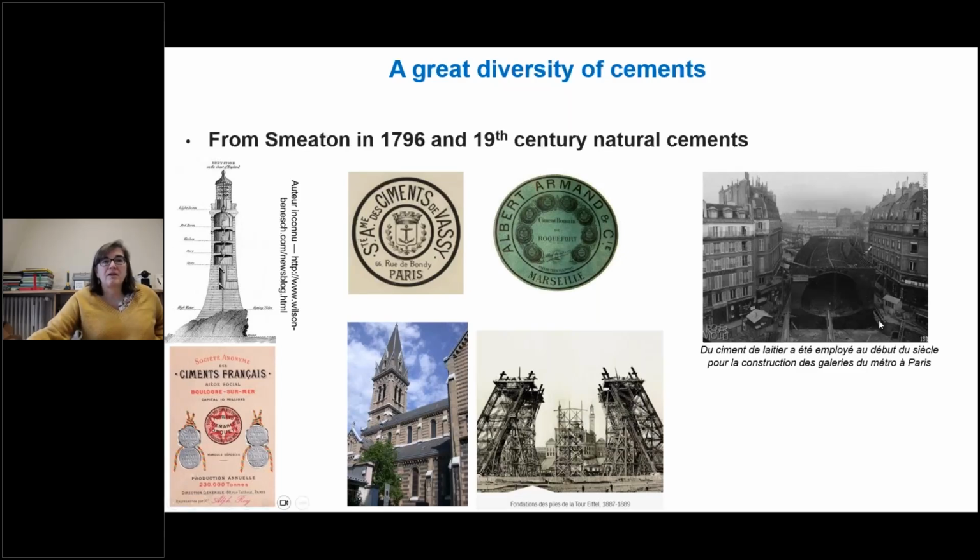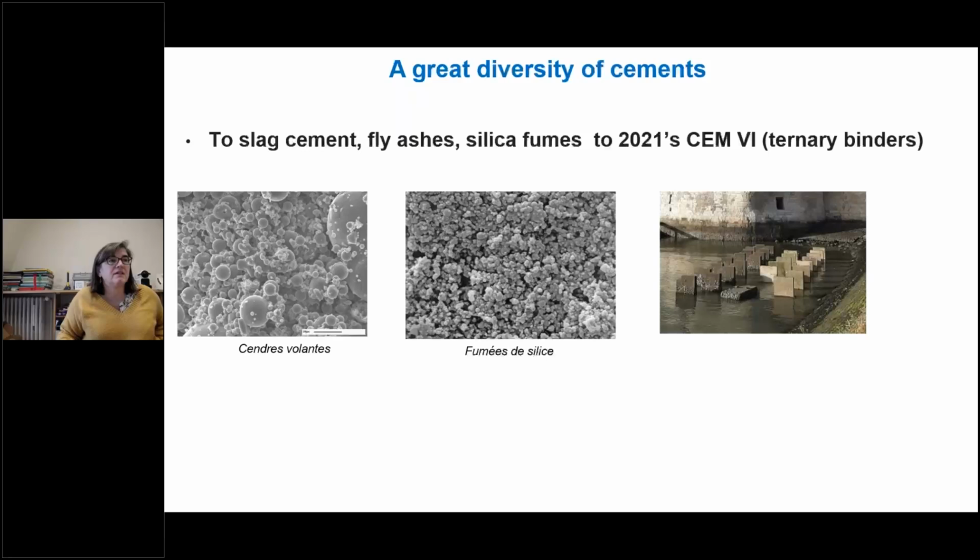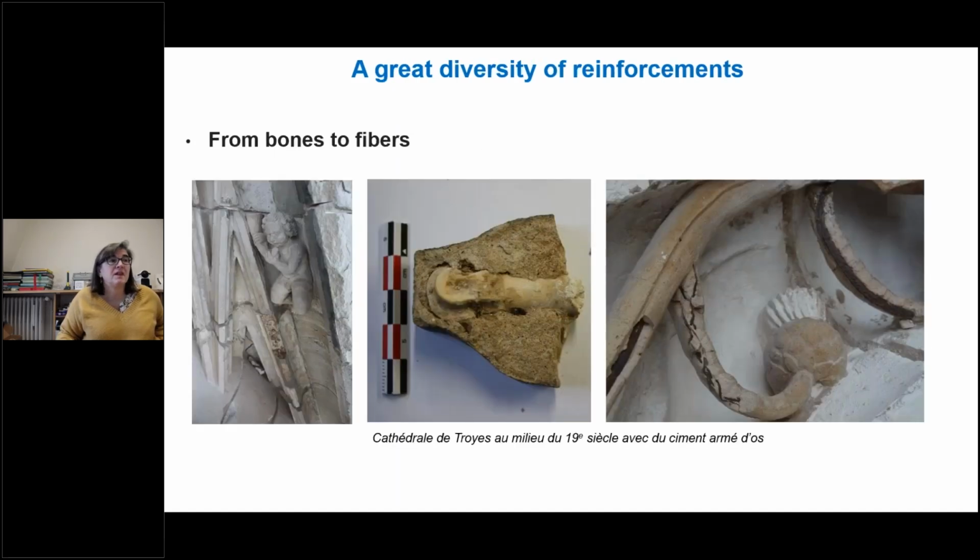By the beginning of the 20th, slag cement appeared, then fly ash, silica fumes, to nowadays ternary binders that we are going to find in the repairs.